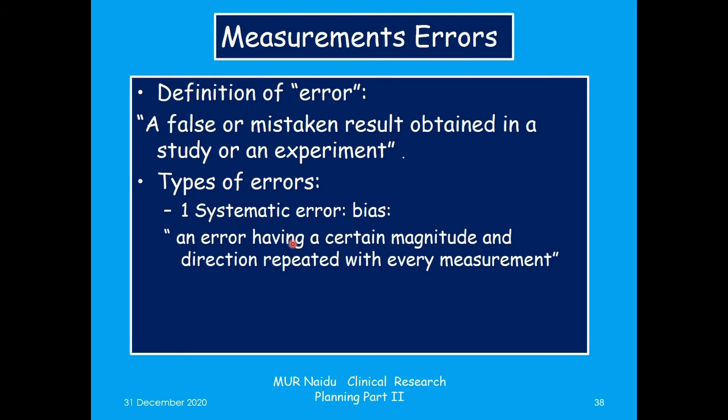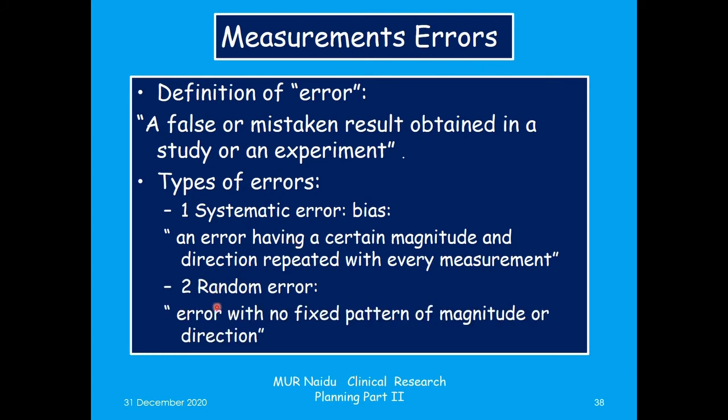Random error is an error that may not follow a fixed pattern. Sometimes it is more, sometimes it is less. This is very common in values coming from the lab. Suppose you are doing a study in diabetes and recording blood sugar levels or glycosylated hemoglobin.